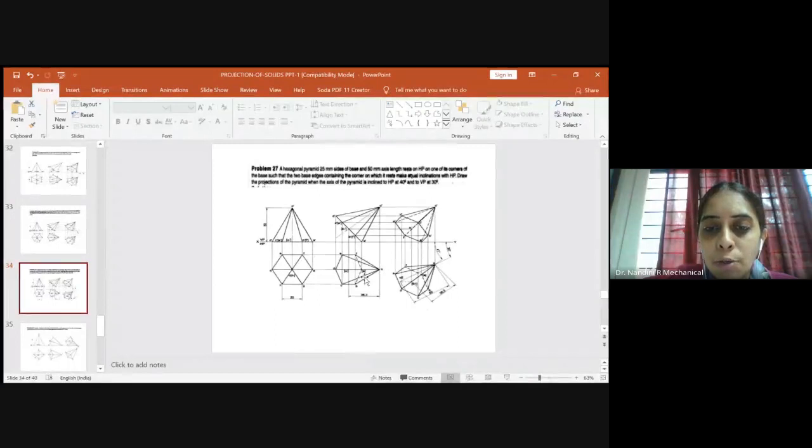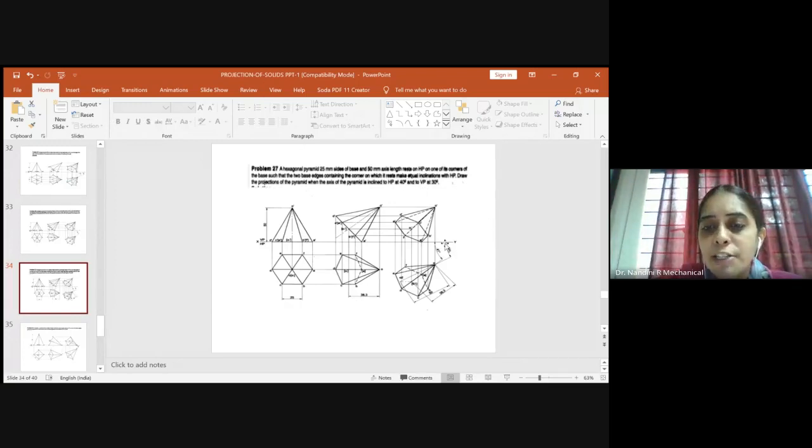Now you can notice this is the true length of the axis. Since it has been inclined, the axis length we are getting here in the second stage is less than it. If you measure, you can see that it is 38.3, whereas the true length is 50 mm. Since there is a variation between the true length and the apparent length, we need to determine the apparent angle whenever it is told the axis is inclined to VP.